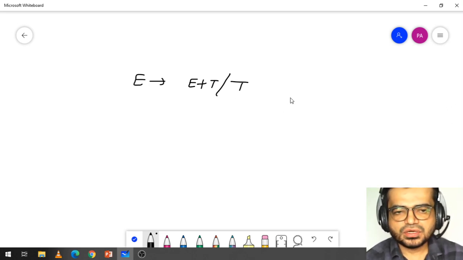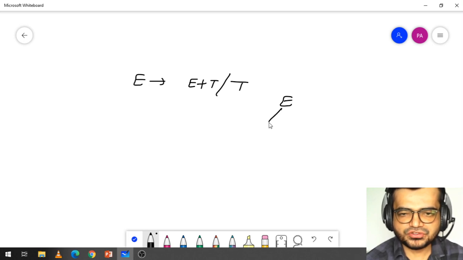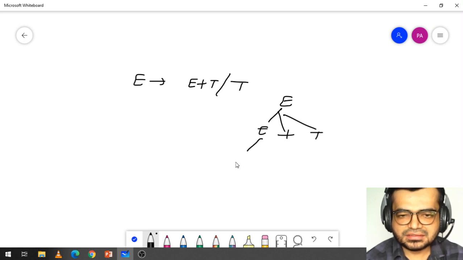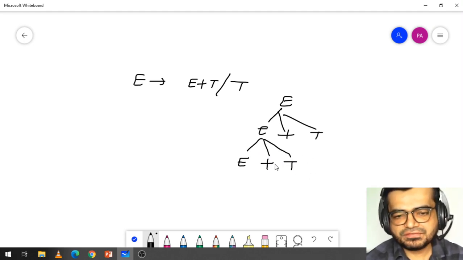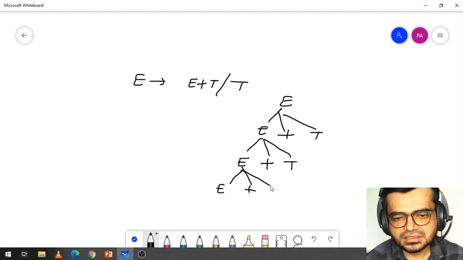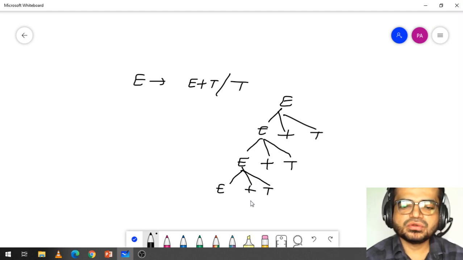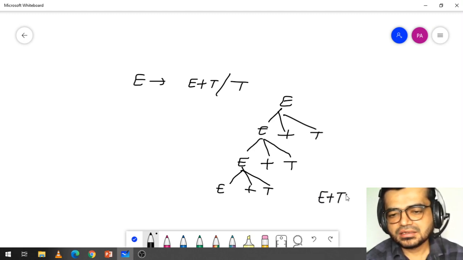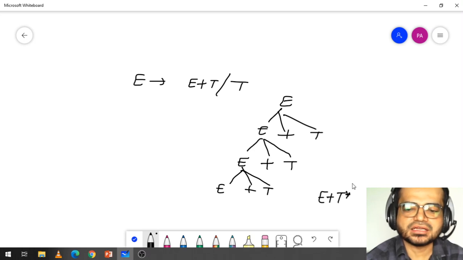Let us see what problem will exist if you try a parse tree. Here E is there, here plus is there, and here T is there. Now instead of taking T, if I again take E plus T, and again E plus T, one thing you can observe is that ultimately you get E plus T star, meaning multiple T's are coming.